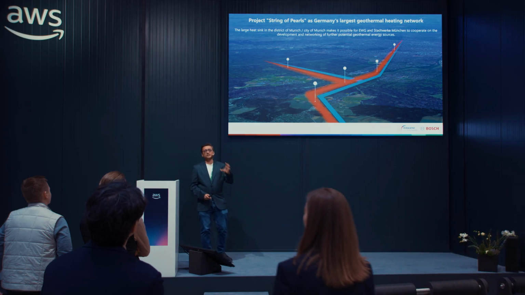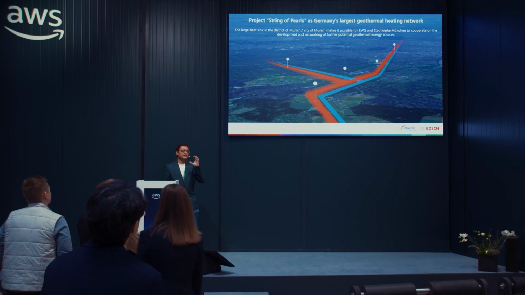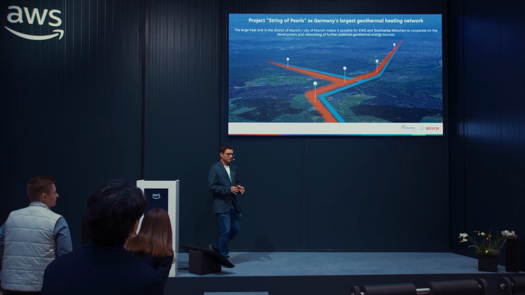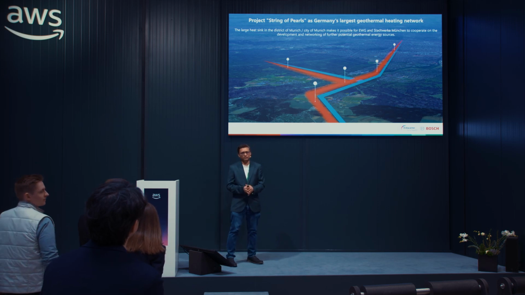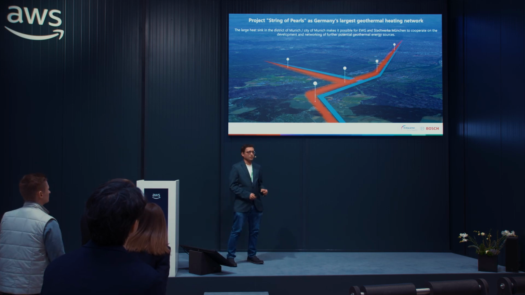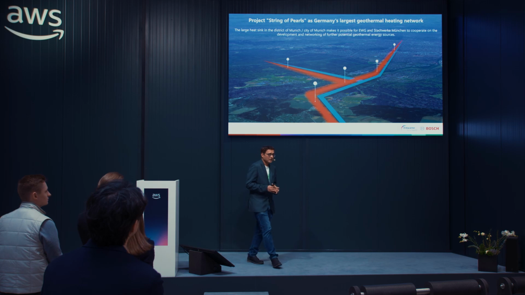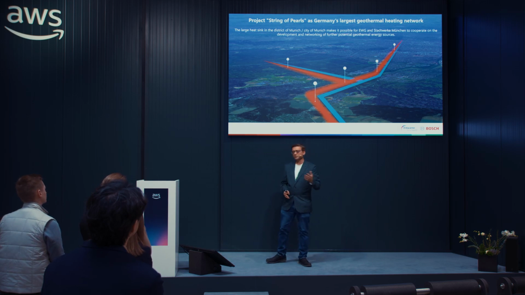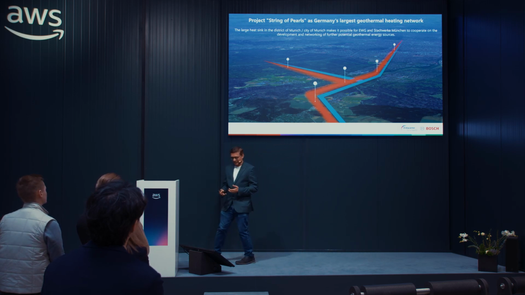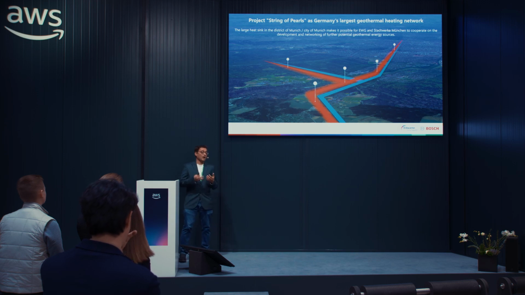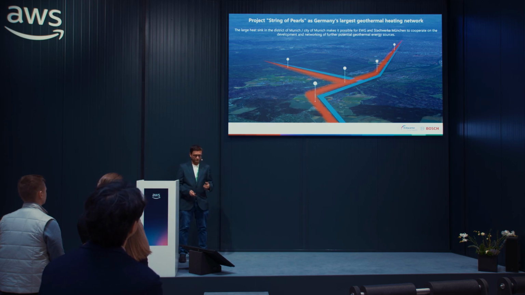This is the largest network in Germany where the digital twin that we have built together with AWS and Pepperl and Fuchs is being used to monitor those critical pumps which you cannot see. If these pumps are not there, you can easily understand and assess how things can go wrong.